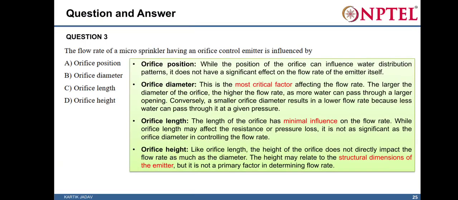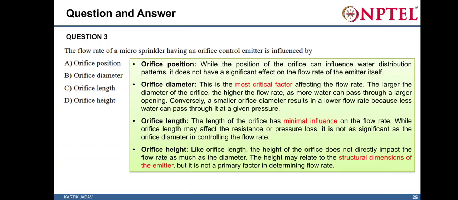Question 3. The flow rate of a micro sprinkler having an orifice control diameter is influenced by orifice position, orifice diameter, orifice length, or orifice height. We know that orifice diameter is the most critical factor that affects the flow rate, and the larger the diameter of the orifice, the higher the flow rate, as water can pass smoothly through the larger opening.